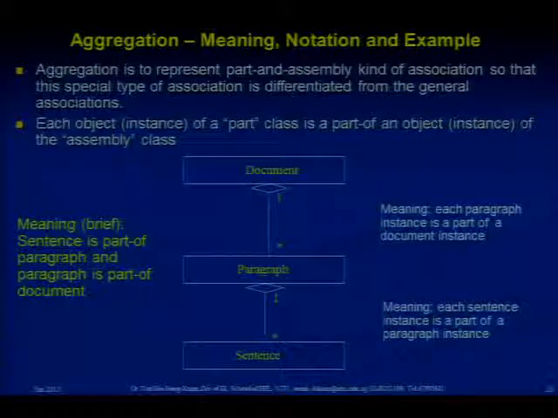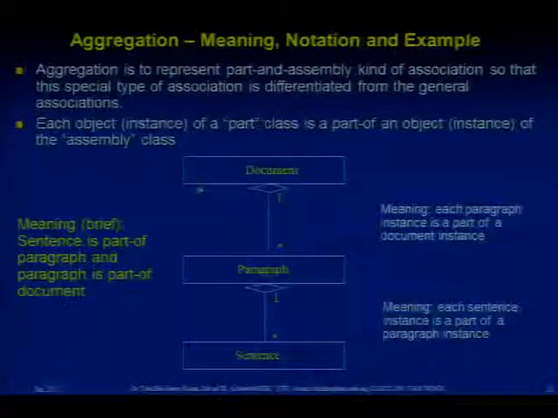Since sentence is part of paragraph and paragraph is part of document, that also implies that sentence is part of document. So in aggregation, you have this transitivity property. This special type of association, aggregation, has the transitivity property.